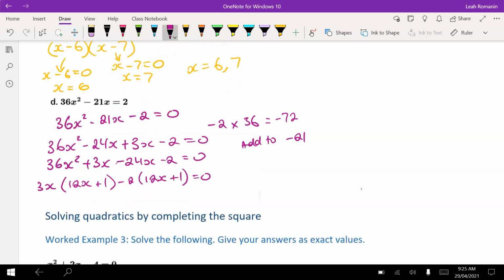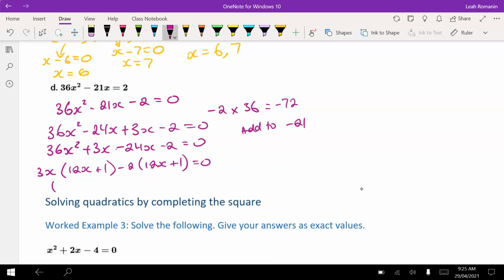Factorizing that, I've got my two same brackets, which means that's going to be my common factor. So I'm going to have 12x plus 1, and then my bracket with the leftovers. Now I can apply my null factor law, now that I've finally got there.